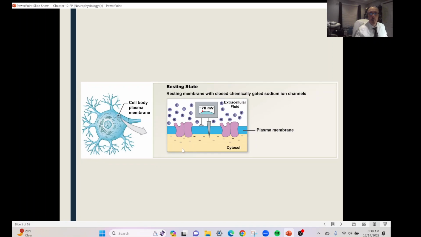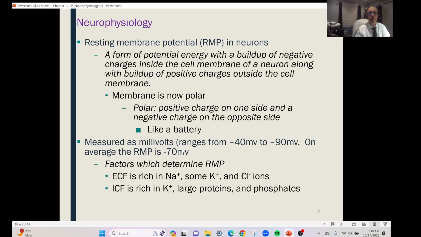Let's go back to our notes for a moment. Okay, so the resting membrane potential is again a form of potential energy, stored energy like a battery, with a buildup of negative charges inside the cell and then a buildup of positive charges on the outside. Now, you know that batteries are not all the same strength, right?